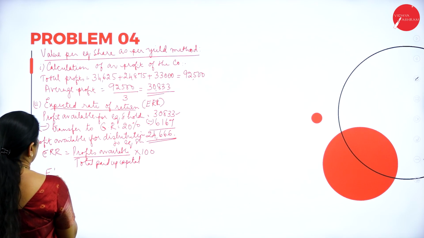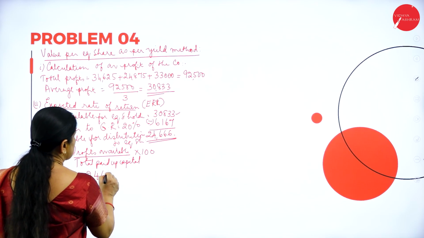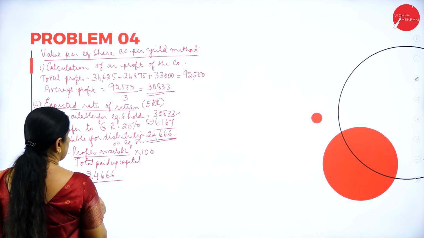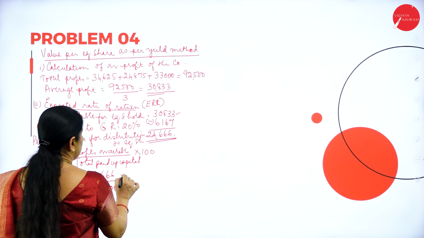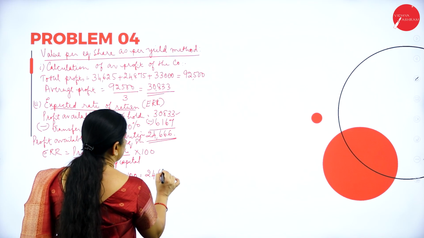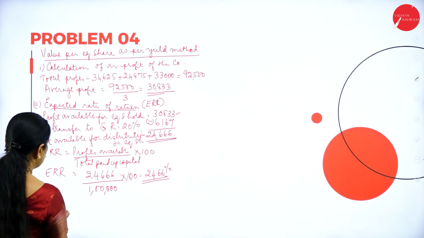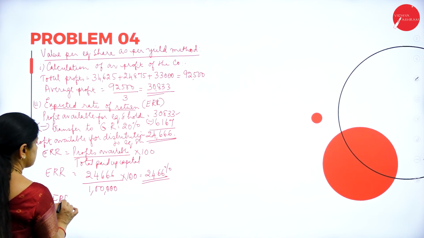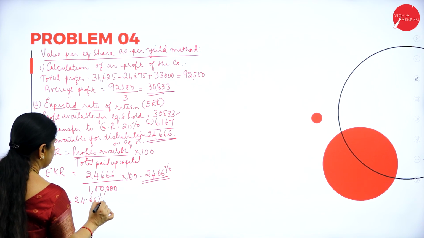So ERR equals 24,666 divided by 1 lakh into 100. 24.66%. So we got the ERR as 24.66%.